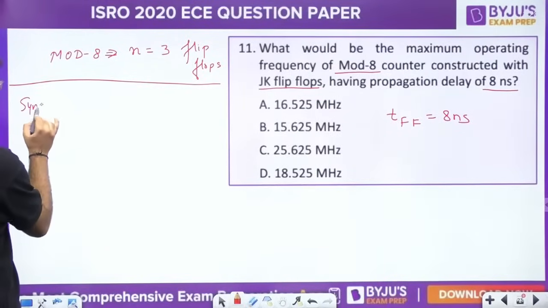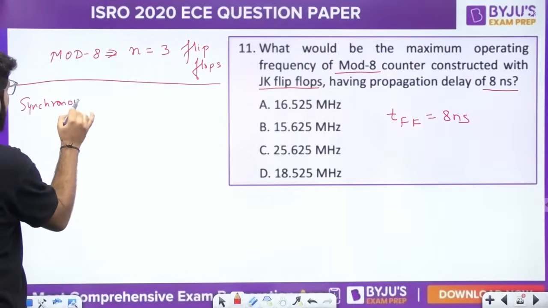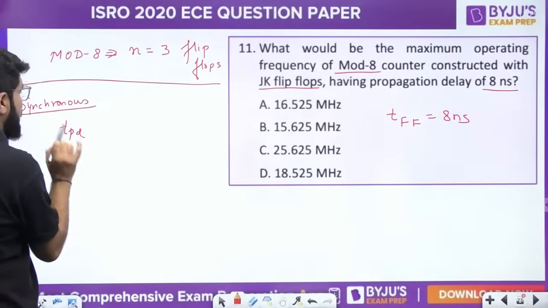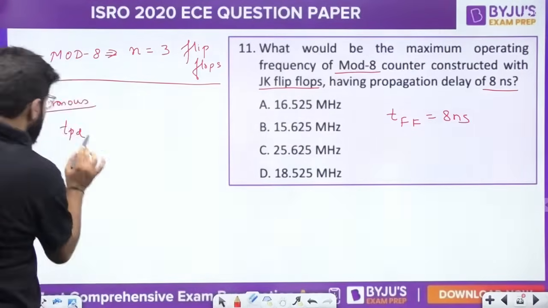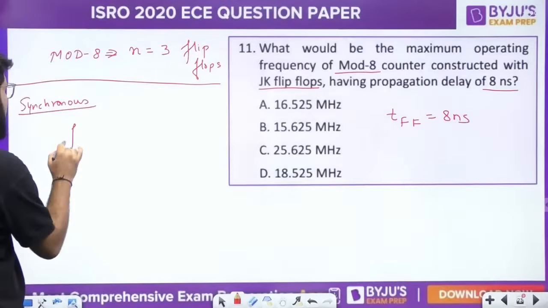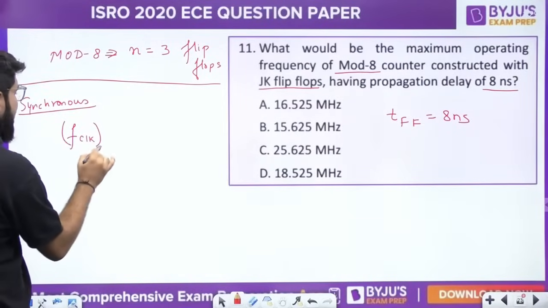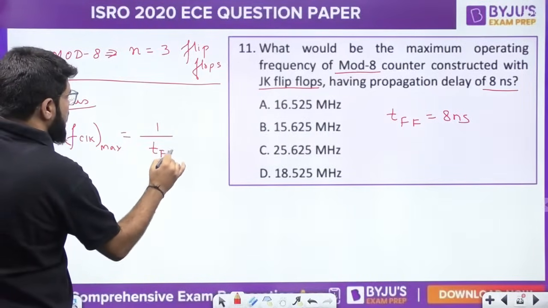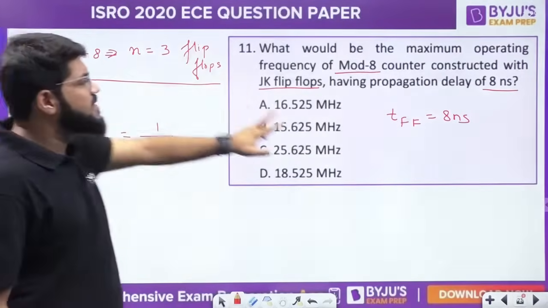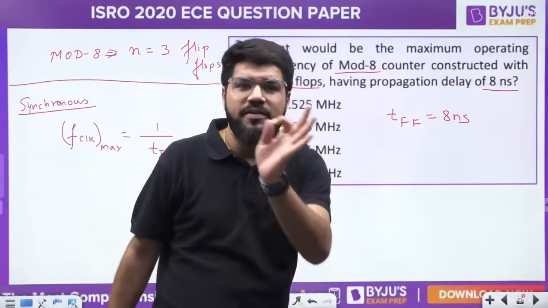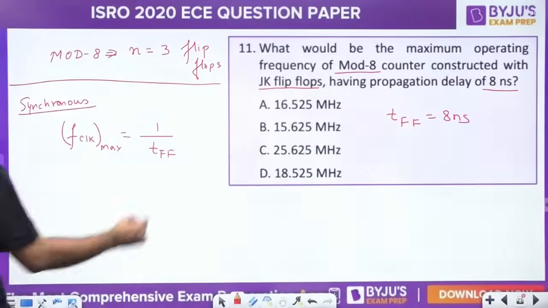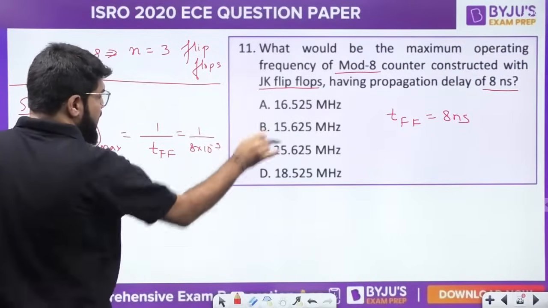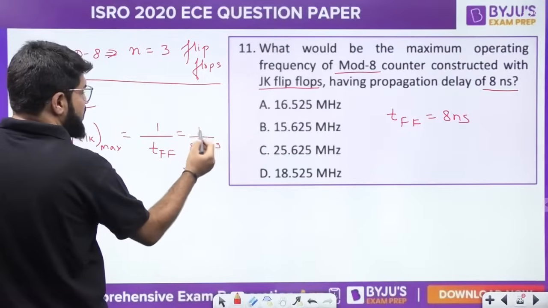If I take a synchronous design, the maximum clock frequency formula for a synchronous counter is 1 upon T flip-flop, because the total delay of a synchronous counter is approximately equal to the delay of one flip-flop. That is 1 upon 8 into 10 raised to the power minus 9, to be written in megahertz. So 1000 by 8.